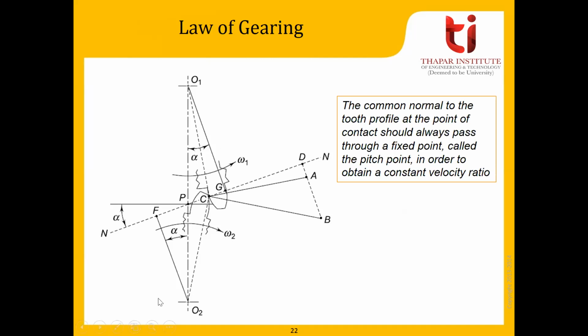O2P is the pitch circle diameter of gear 2, and O1P is the pitch circle diameter of gear 1. And omega 1 is the angular velocity of gear 1, and omega 2 is the angular velocity of gear 2. So omega 1 over omega 2 would be equal to O2P over O1P.